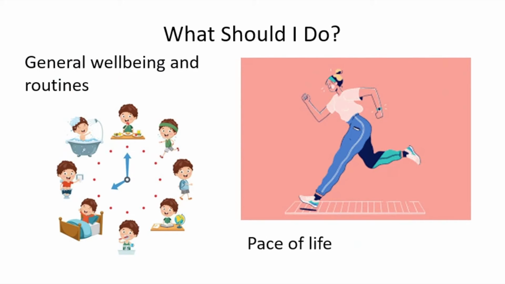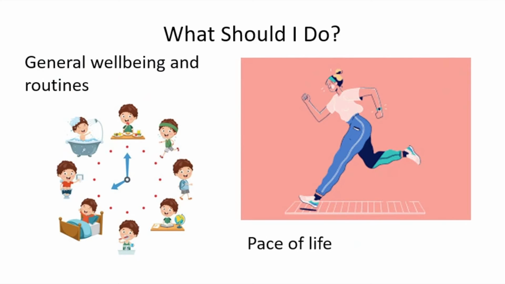First of all, having a little think about general well-being and the routines within your home. Parents will often say that when their child is tired, they'll notice them stammering more. So it's really important to think about the general routines in your house, the child's sleeping and eating patterns.